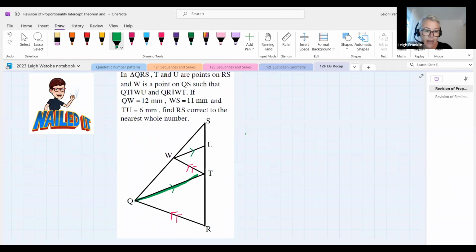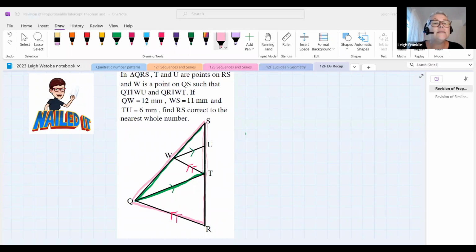I'm just going to highlight that in green. And what's the other triangle, Sharon? SQR. SQR is perfect. So I'm going to highlight that one in pink as well. And I know it's easy for me here on the screen, but you must do this in your exams as well. Highlight your triangles just to make them a little bit more obvious. Excellent. Well done, Sharon.